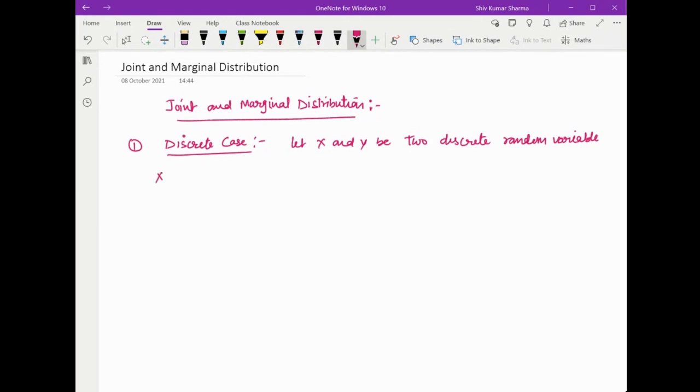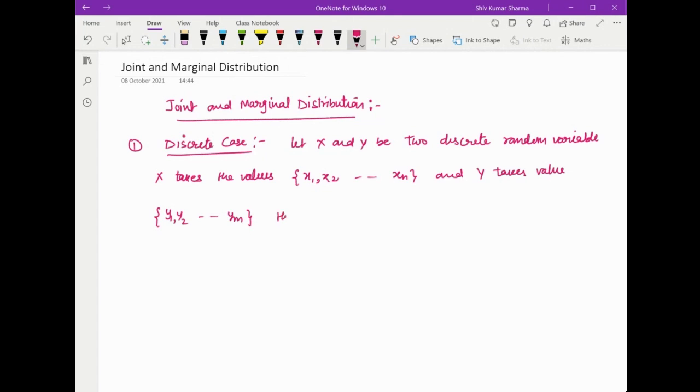So random variable x takes the values in this form x1, x2, xn, and random variable y takes the values in this form y1, y2, and ym.